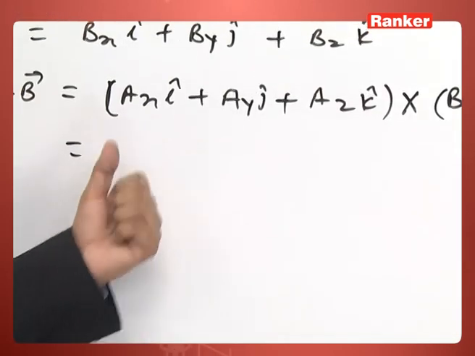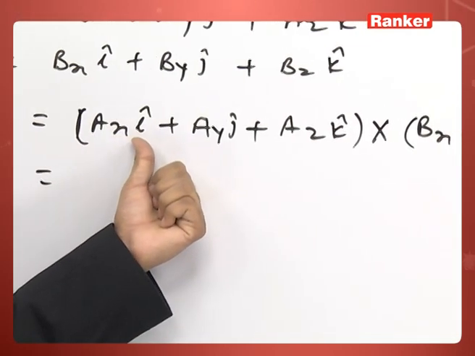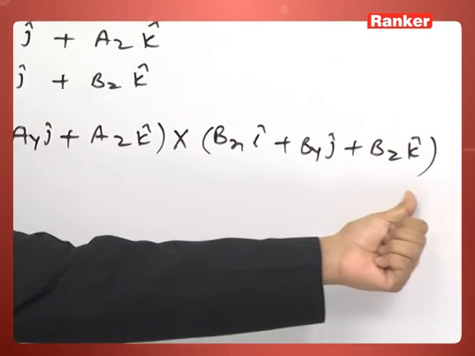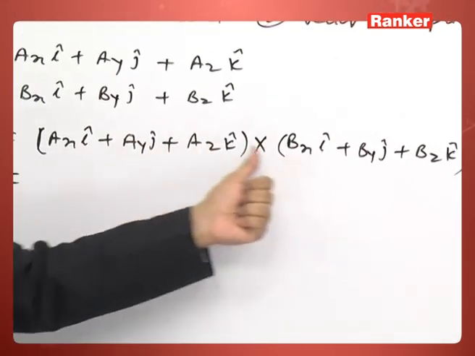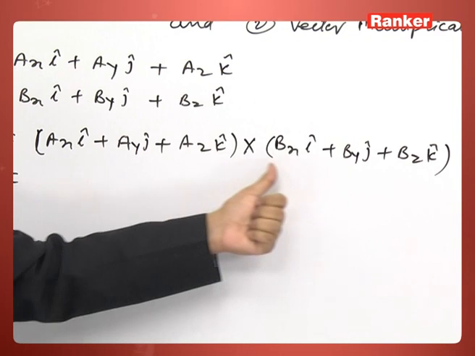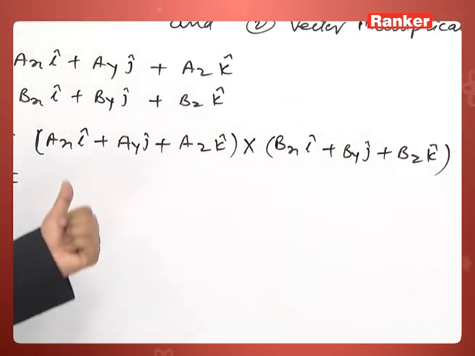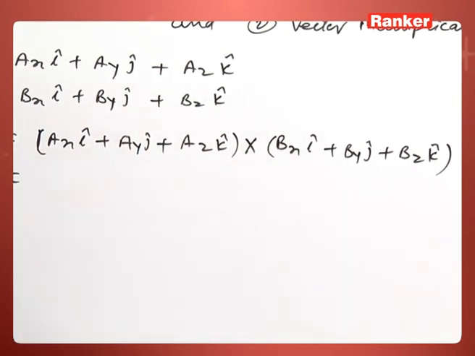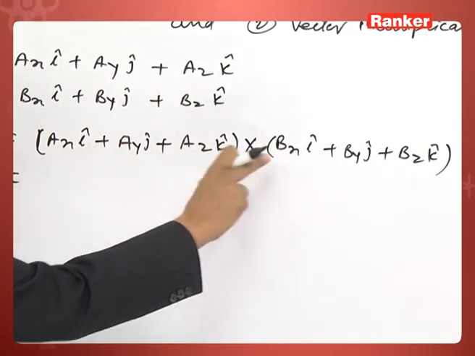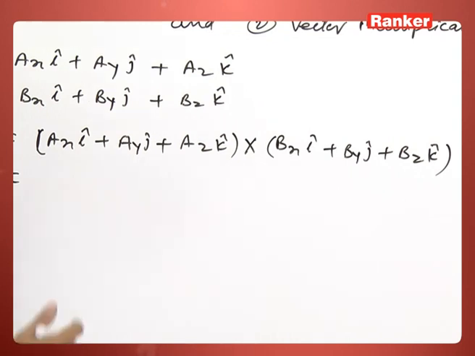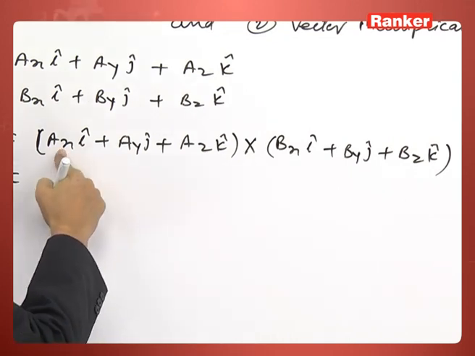So first we will make the cross product between ax i cap with all three of these vectors, then j with all these three, then k again with all three. See, as we know, the same type of unit vectors give zero cross product. Ax i cap cross bx i cap will be 0. So what is left now from here?